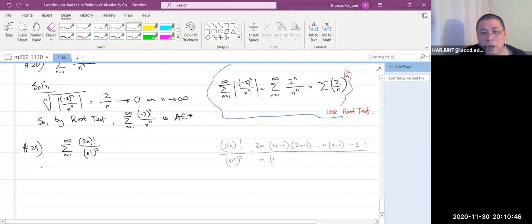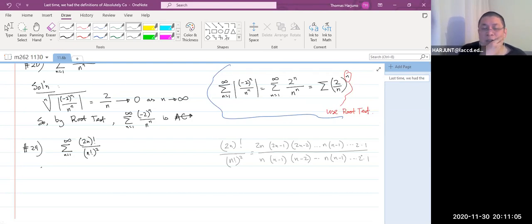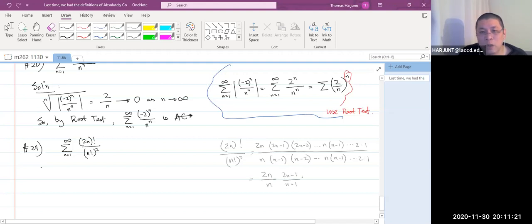So you see something cancel. You get 2n over n, 2n minus 1 over n minus 1, 2n minus 2 over n minus 2, all the way down to n plus 1 over 1.